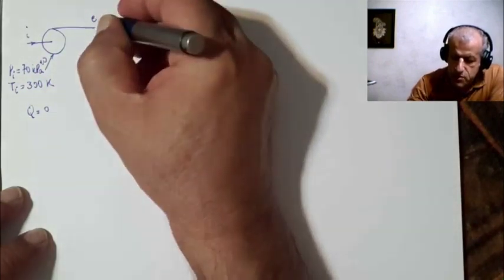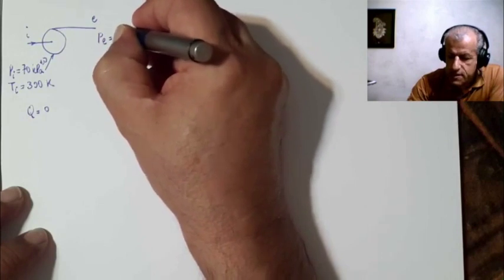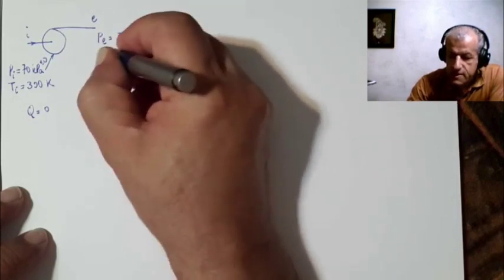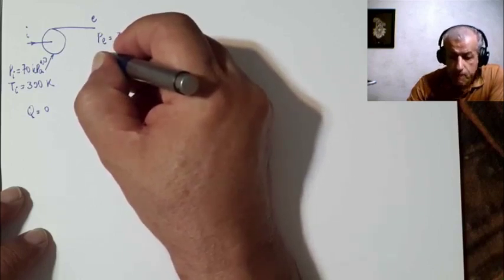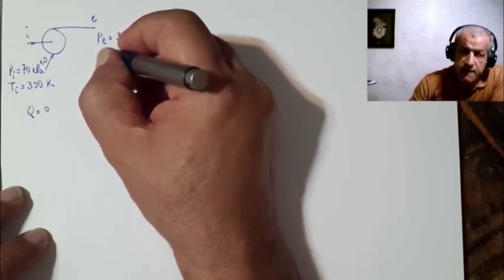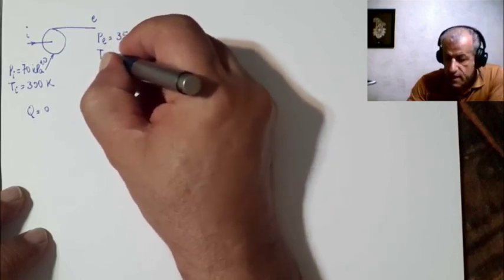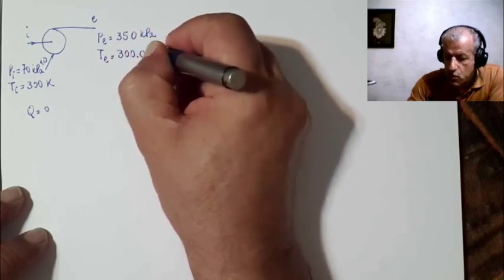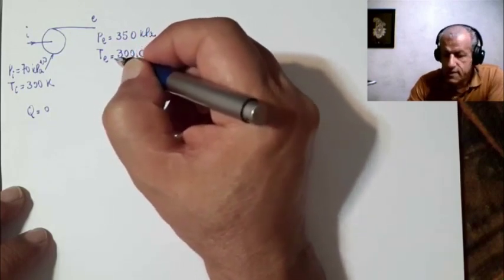The exit pressure, PE, equals 350 kilopascals, and the problem tells us that only 0.05 kelvin is added to the temperature. So it is basically telling us that TE is 300.05 kelvins. That's what it says.